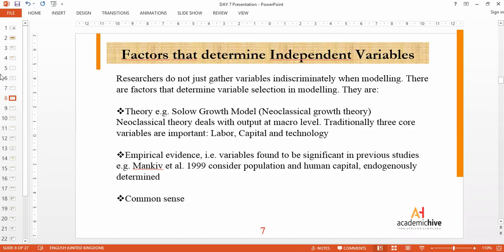So independent variables are, okay, let me use an example right now. My study is on aviation safety. My topic is passengers' perception of aviation safety during COVID-19 and how it affects their decision to fly.